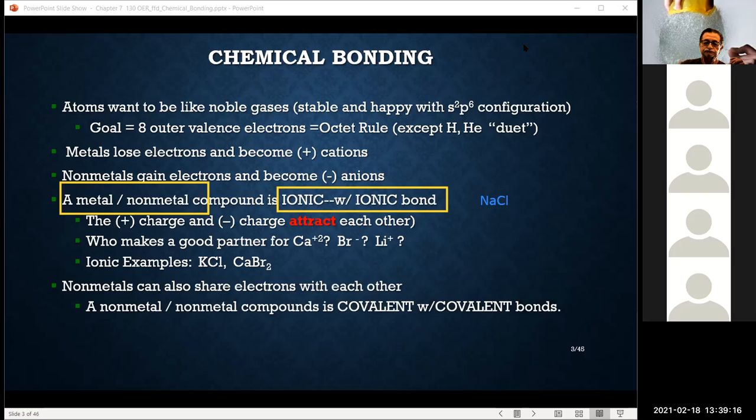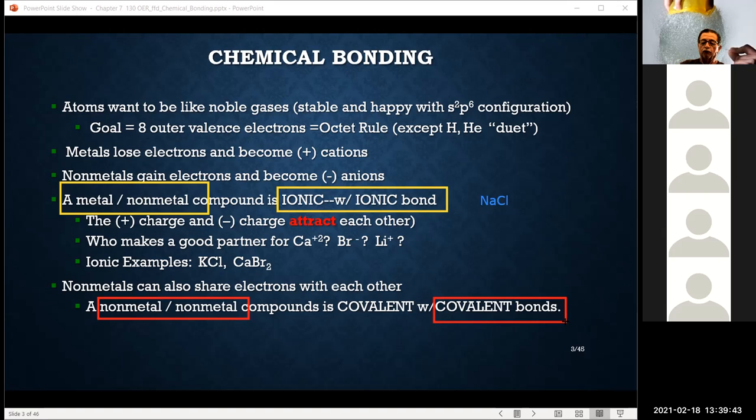Now, with the other type of bond, when you have a combination of 2 nonmetals, we have what is called a covalent bond. You also will hear the term molecular bond.